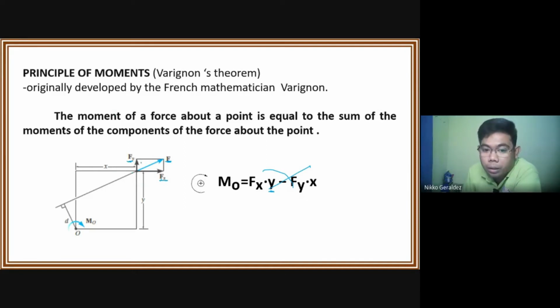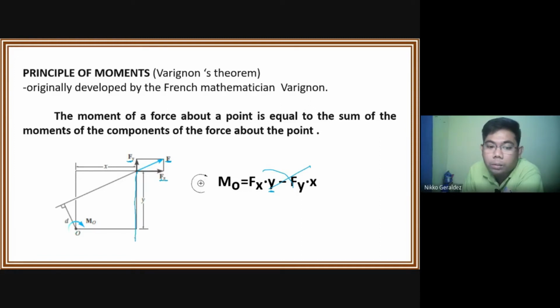Kasi pag ni-resolve mo siya into components, yung vertical component, yung Fy, ang perpendicular distance niya ay yung x, the horizontal distance from point O to the line of action of Fy. Halimbawa ito, di ba? Yan yung line of action mo.